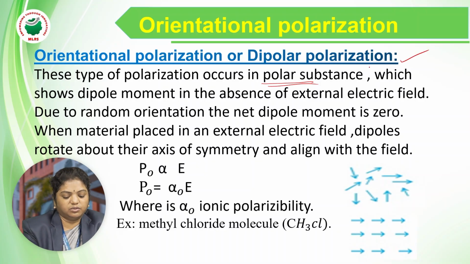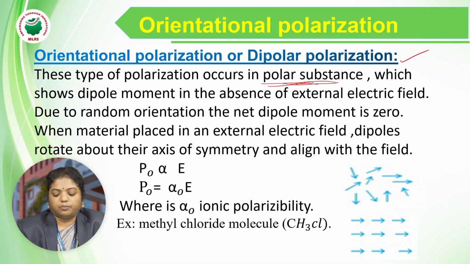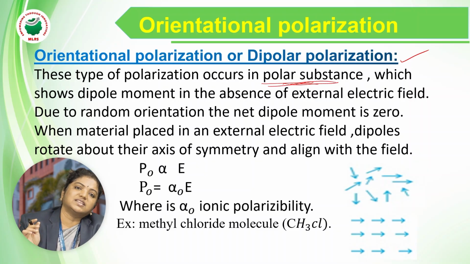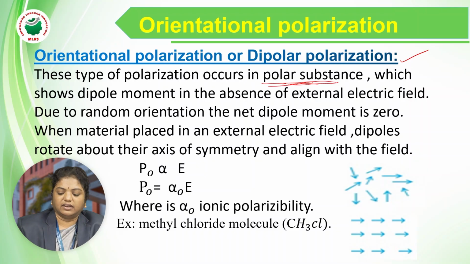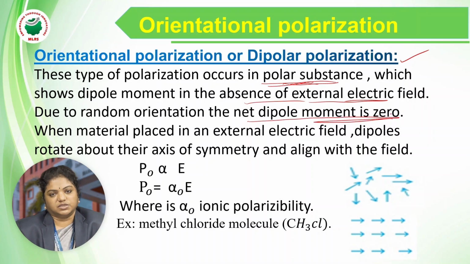Here, we have to observe this type of polarization, which occurs in polar substances. Polar substance means the dipoles already exist in that material, which shows a dipole moment in the absence of an electric field. They are moving in random orientation, so the net dipole moment value is 0.